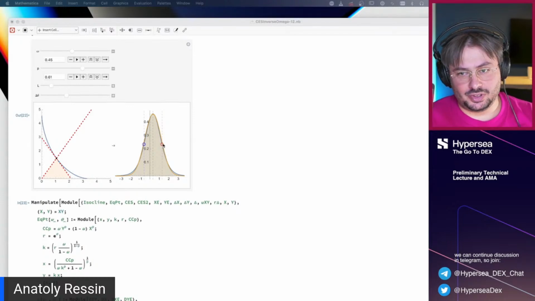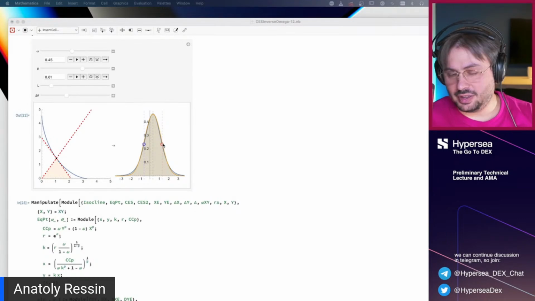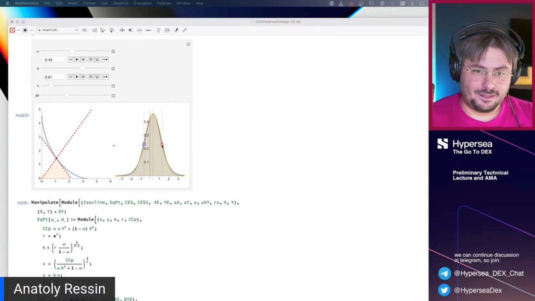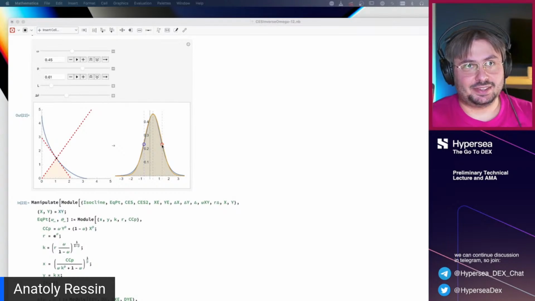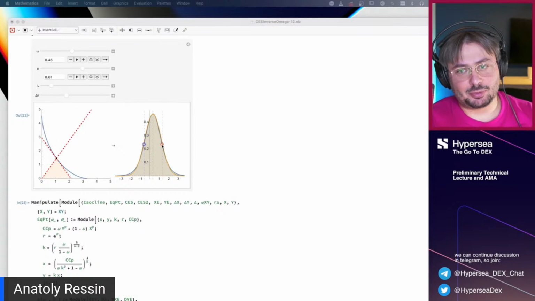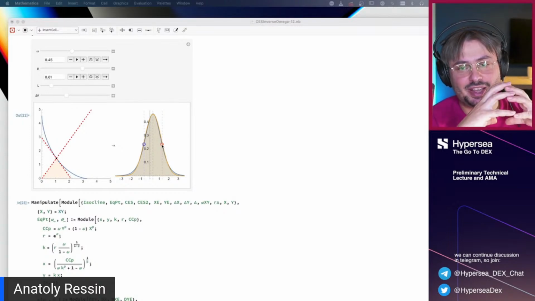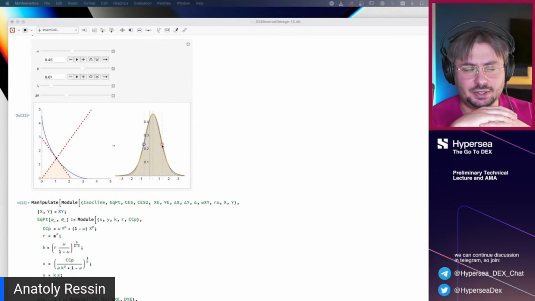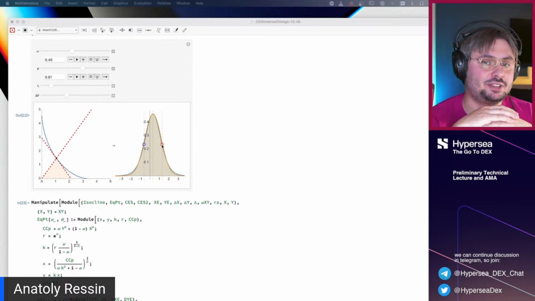So if we know the standard deviation, and if we know the current price that is reported by oracles, then we can build a curve that incorporates all this information into the trading experience, and it allows very important properties, both for traders and liquidity providers.